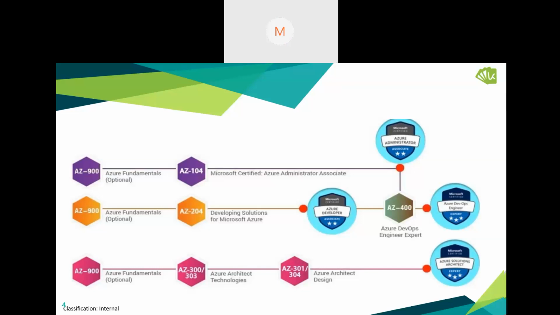So with the adoption of these DevOps toolsets, there is a requirement for a DevOps professional who will play both roles. From the deployment point of view, he will configure all the infrastructure, as well as deploy the application. So currently in the market, even if you are an administrator, you need to know the automation concepts.